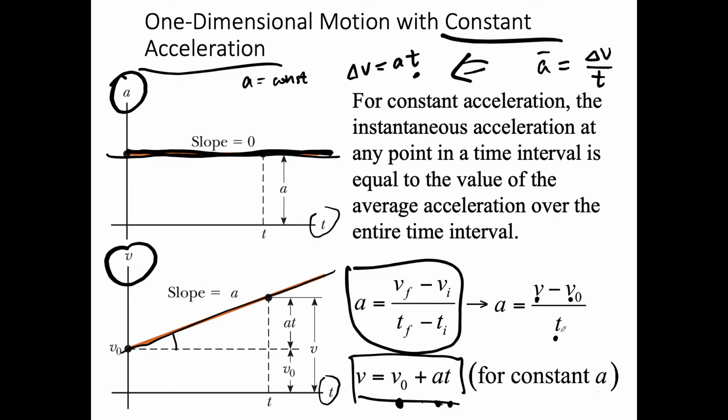We multiply t on both sides, which gives us at equals v minus v0. And then we can add v0 on both sides, which gives us this equation. We'll call this the first equation of constant acceleration motion.